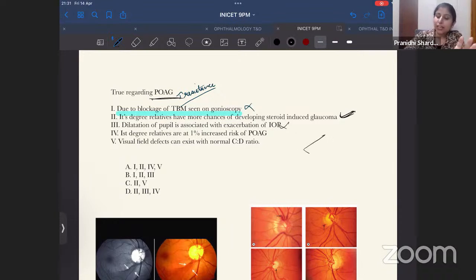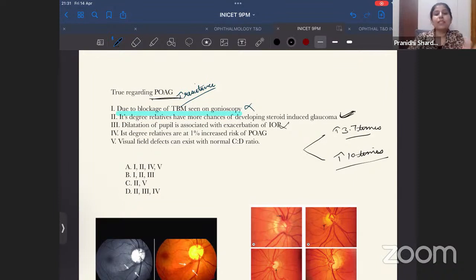Actually, there are two main studies which claim this. One study claims a 3.7 times increase in the risk of primary open angle glaucoma in first degree relatives, and one Indian study claims a 10 times increased risk in first degree relatives. So it is far more than 1%, even if we go by the Indian study.